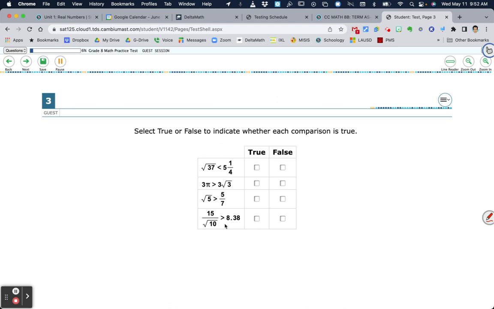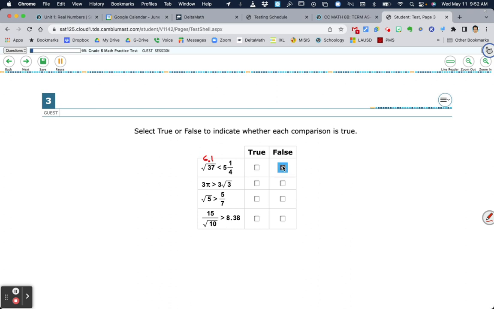It's about how much? It's about 6 something, like 6.1 even. Let's say it's 6.1 because the square root of 36 is 6, and this is just beyond that, so it's about 6.1. So 6.1 less than 5 and a quarter? No. So this one's false.